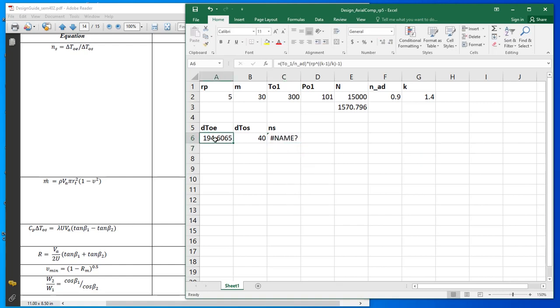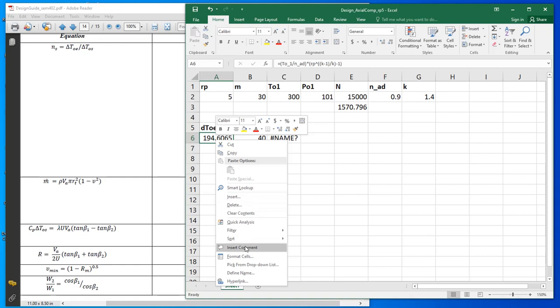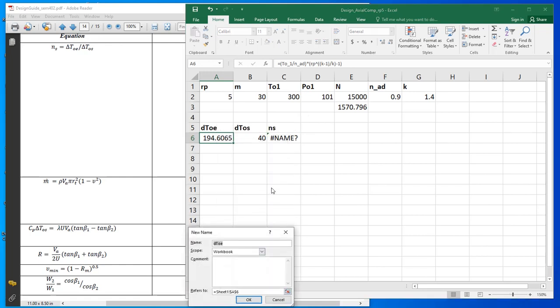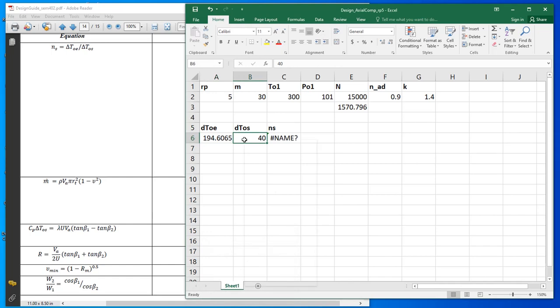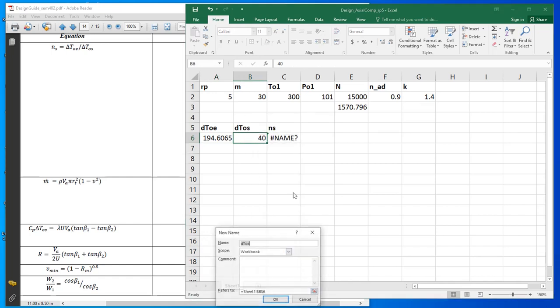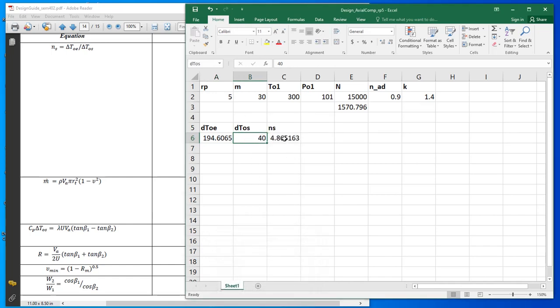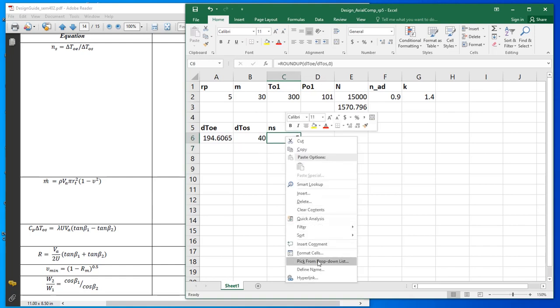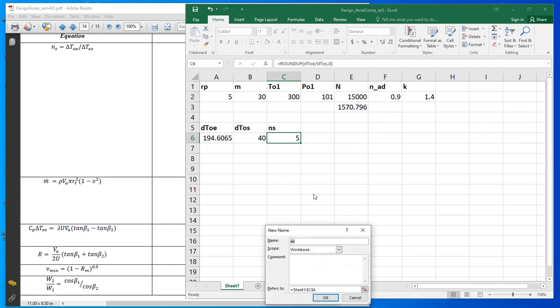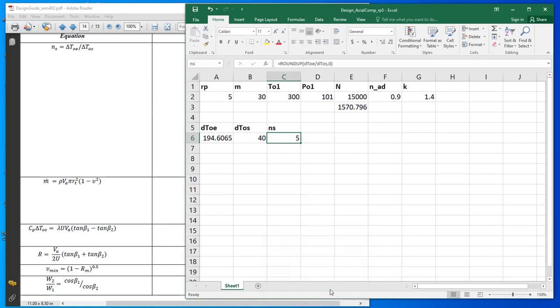We have not given names, so let's name them delta T0E and delta T0S. Then we use ROUNDUP on this formula, comma 0, so it rounds up to the next highest integer value. Let's define the name: number of stages, fine.